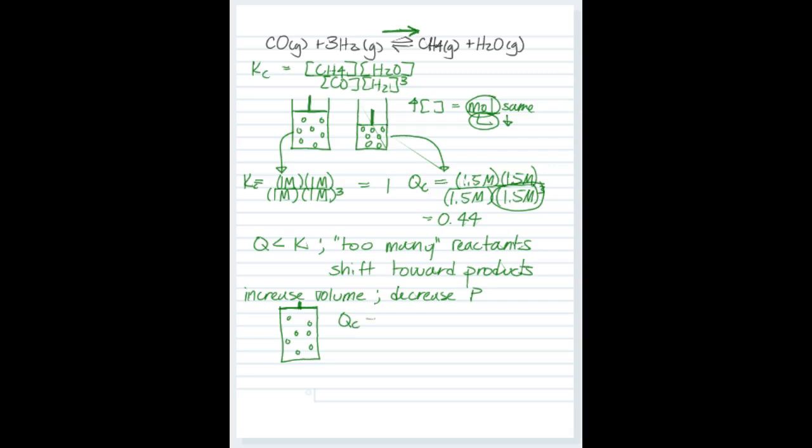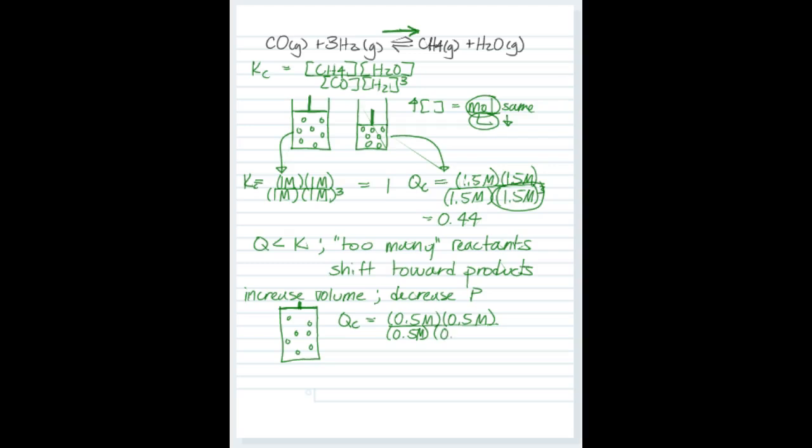The concentration of everything has now decreased because we've given it more space, and so the denominator in the concentration is larger, right? So now let's say it's, I don't know, 0.5 molar times 0.5 molar over all those same concentrations, because we're changing them all the same amount.